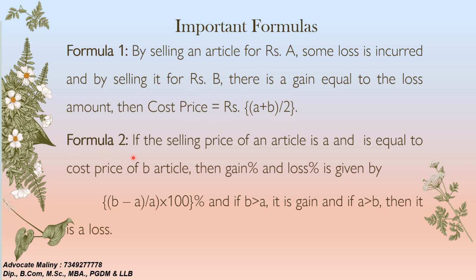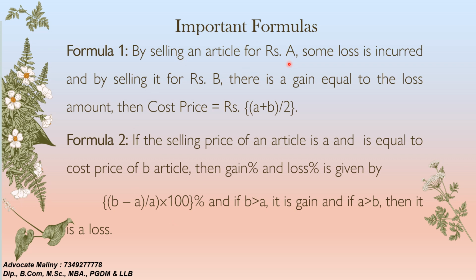This is formula number 2. If the selling price of A articles is equal to the cost price of B articles, then the gain percentage or loss percentage is given by (B minus A) divided by A, whole into 100. The answer will be in the form of a percentage. Here the selling price of A articles is equal to the cost price of B articles. In such a case, to find the gain percentage or the loss percentage, we have to use this formula.